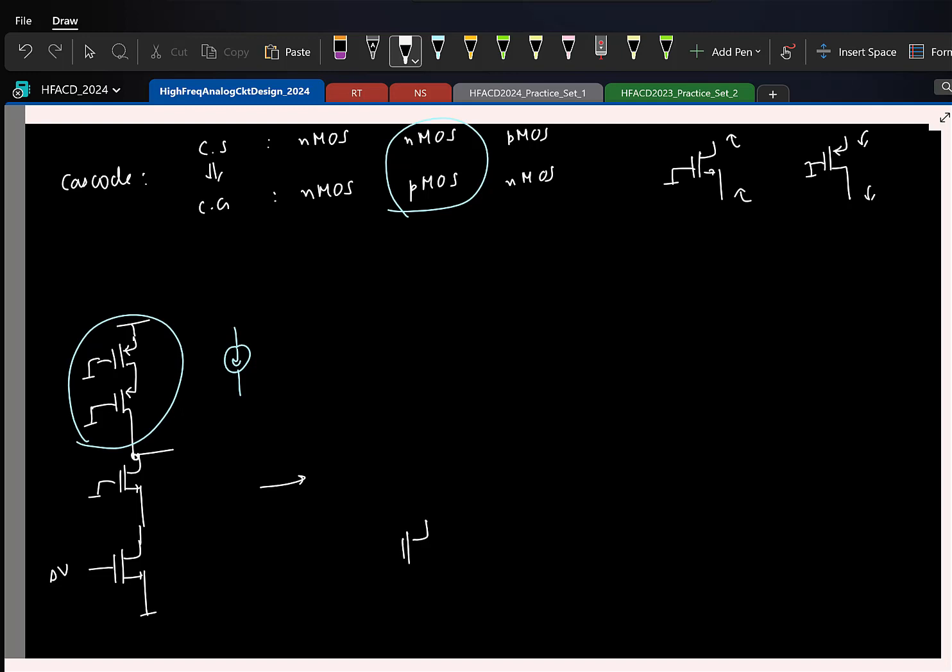So I have common source NMOS. Next I want to have PMOS common gate. So basically I have to take the current, feed it to the source, which means this current has to feed here. So incrementally I just need this path, right? That's all. And the output is taken from the drain, so here is where I'll take the output.